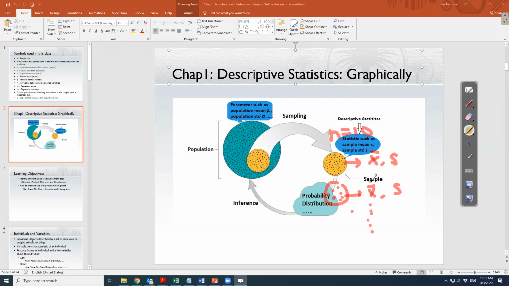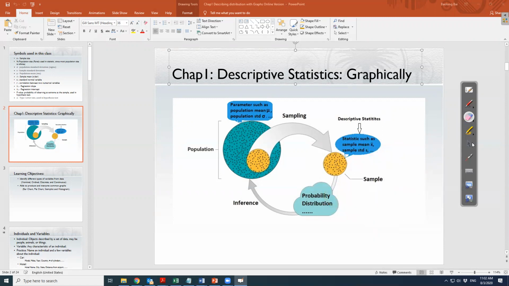Then how likely will the sample mean be this value versus that value? What is the distribution of sample mean X bar? That's sampling distribution. For any statistic, it's going to have a distribution. It could take different values. That's sampling distribution.